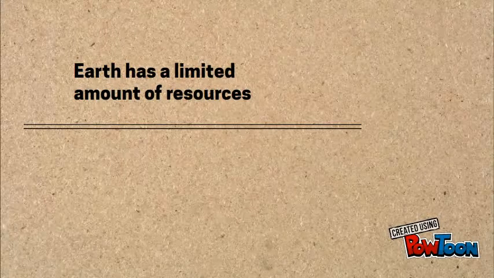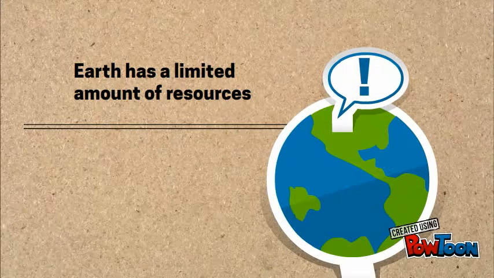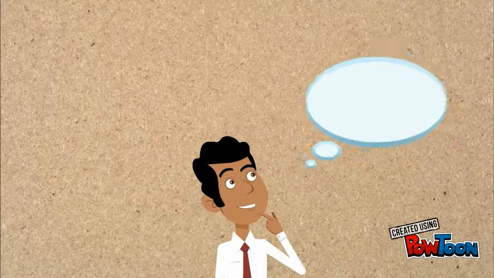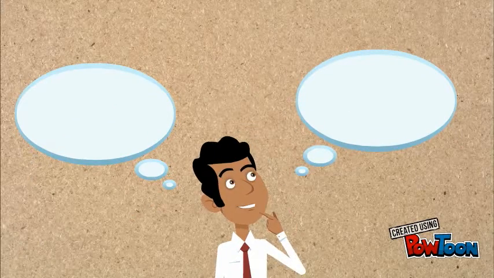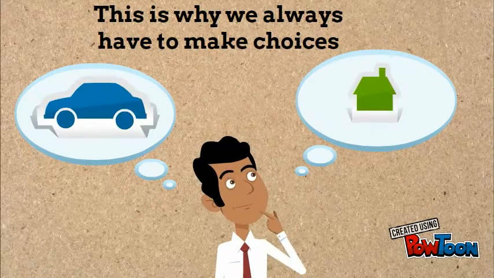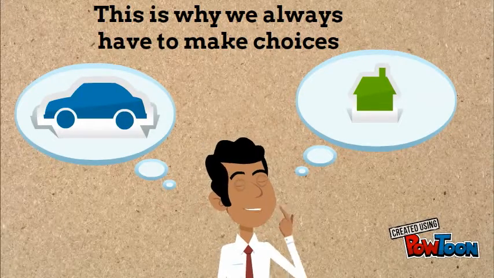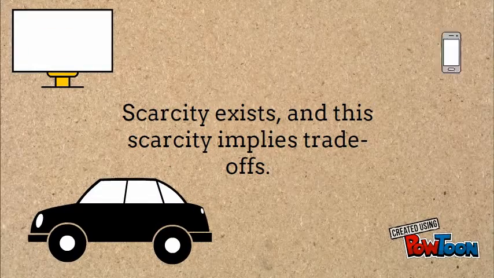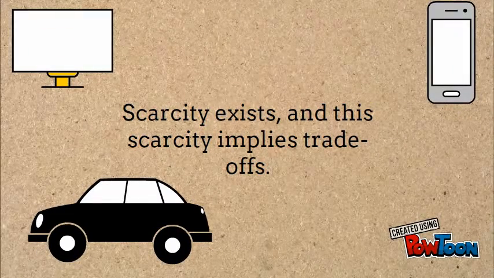Earth has a limited amount of resources, but we as humans have unlimited ones. This is why we always have to make choices. Because this scarcity exists, there will always be trade offs.